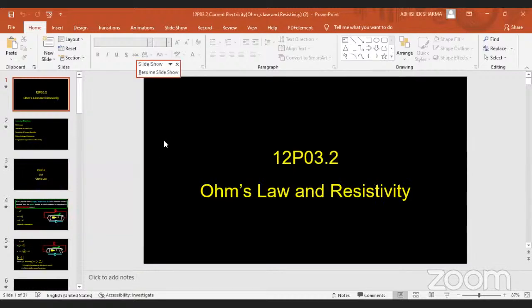Let us start with this. We have to close this and start the next thing, that is Ohm's law. Okay, Ohm's law is in front of your screen now.